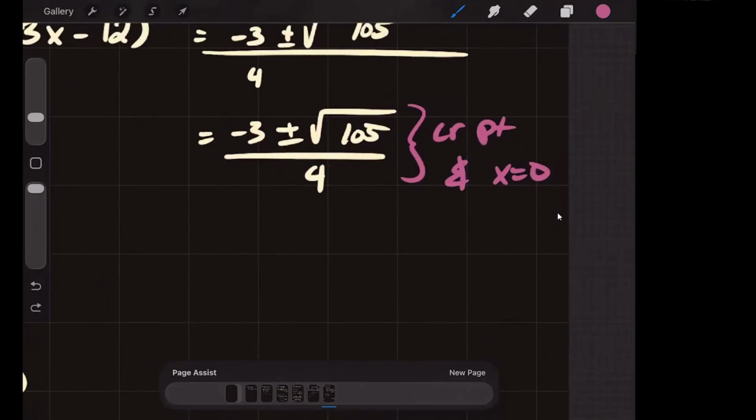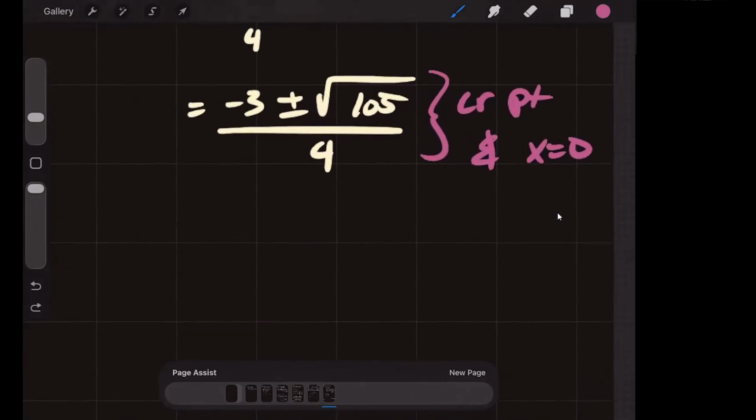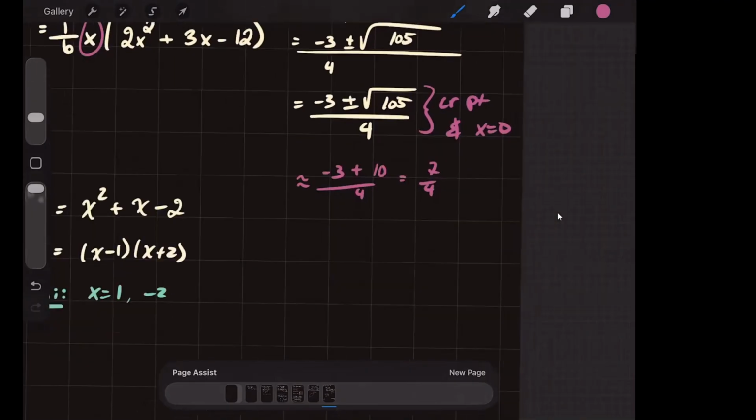Okay, a little bit of magic. This is going to be a little bit greater than the square root of 100, which is 10. So we're going to eyeball it. We're going to say this is negative 3 plus a number a little bit more than 10, divided by 4, which is 7 over 4, like a little bit more than 2.